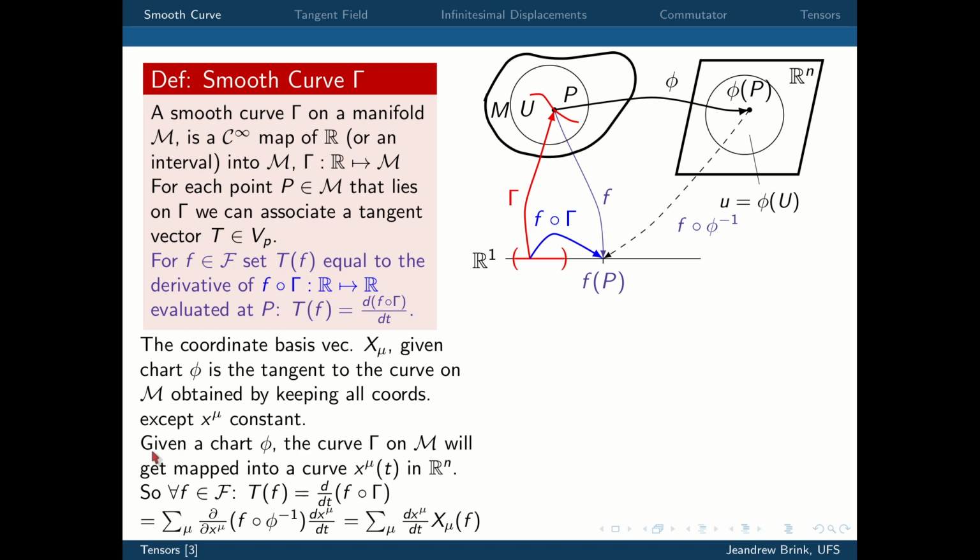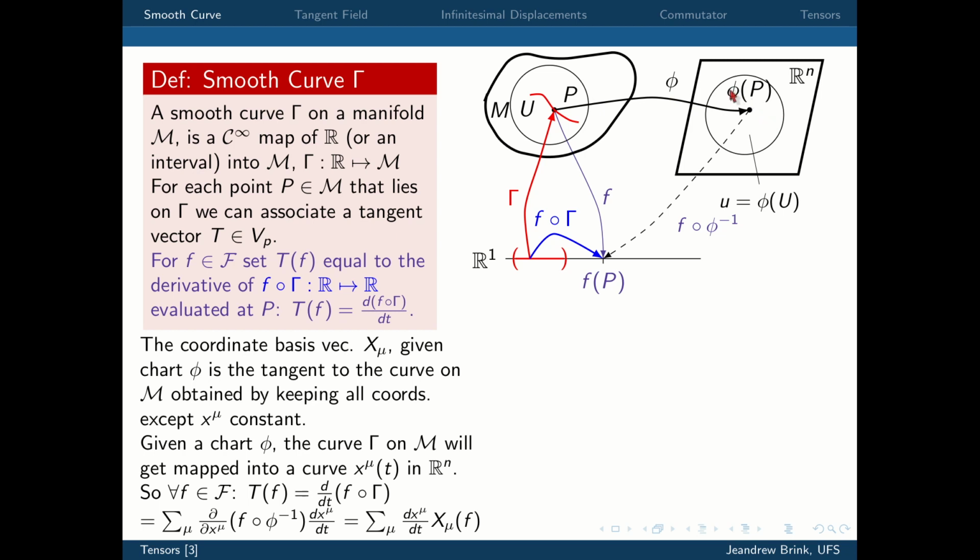And so if we're given a chart, this curve gamma on M will be mapped to a curve in the coordinate basis. In other words, we start here with this curve, we take phi, which associates a coordinate with each point, and it will result in a curve in three-dimensional space, or n-dimensional space.